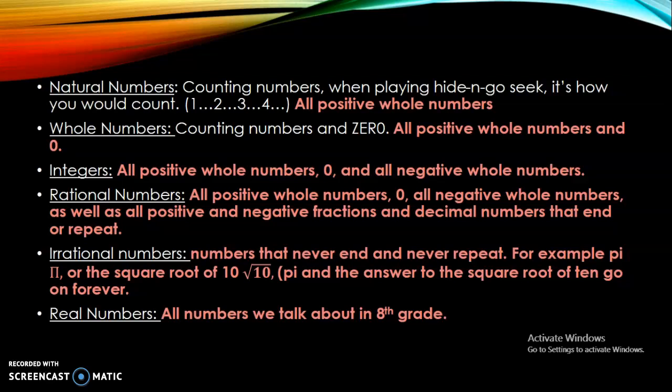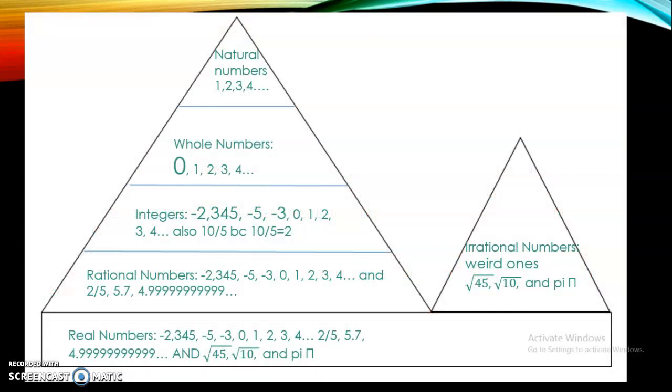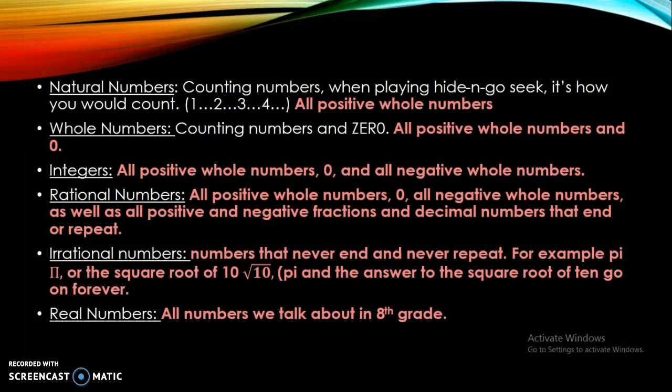Natural numbers, that's how you naturally count. If we're playing hide and go seek, you're not going to start at 0 and then say 1. You're just going to count at 1. So natural numbers are counting numbers: 1, 2, 3, 4. And the mathy definition is all positive whole numbers.